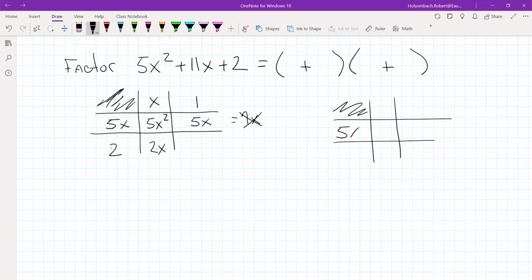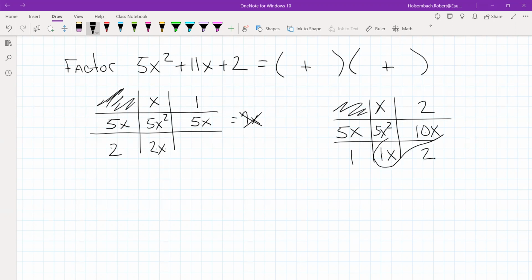I keep my 5x, I keep my x, I still get 5x squared. I'm going to put the 1 with the 5x, and I'm going to put the 2 with the x. So now 2 times 5x equals 10x, x times 1 is 1x, and 2 times 1 is 2.